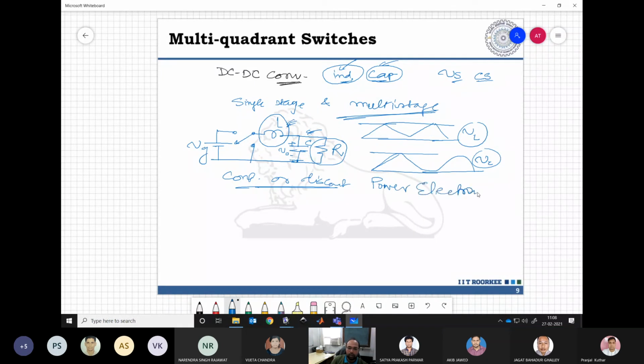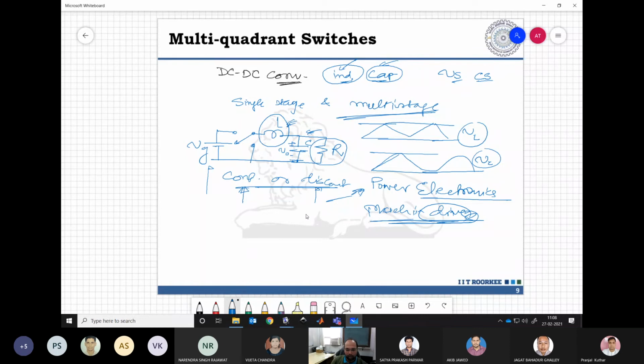Because this course is dedicated to machine drives, I am focusing on the drives part more here. That's why I'm only touching on how these converters are realized and what is happening, and not going into detail of how the current ripple or voltage ripple will look, and how to make it continuous or discontinuous operation.